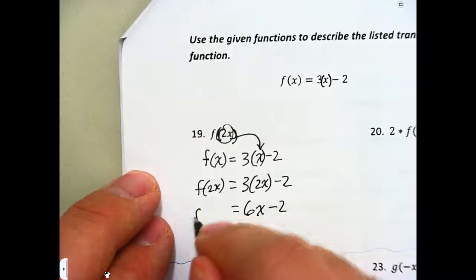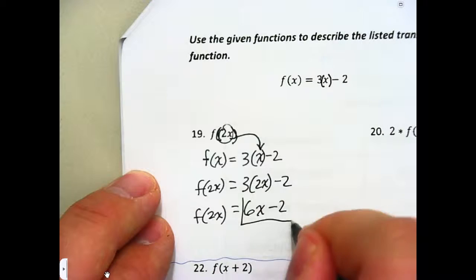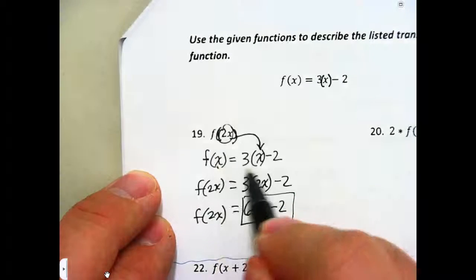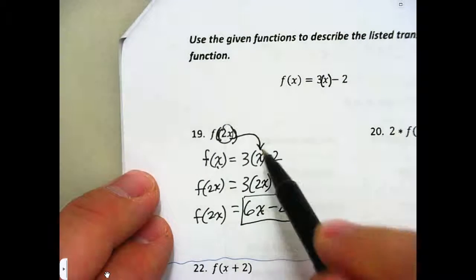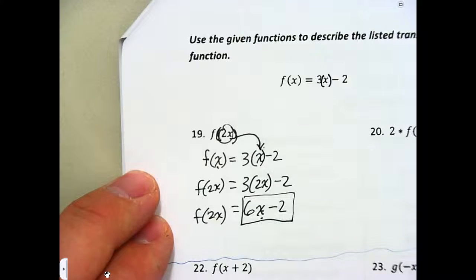Remember, the f of 2x is its name. Okay, this rule has the name f of 2x. This rule, f of x, has this name, 3x minus 2. Okay, two different functions, so they have two different names.